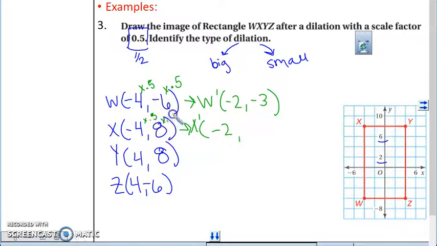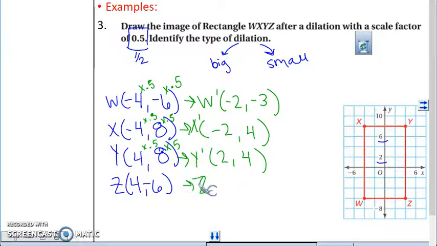What's half of positive 8? 4. What's half of positive 4? 2. What's half of positive 8? 4. Z image: what's half of positive 4? 2. What's half of negative 6? Negative 3.